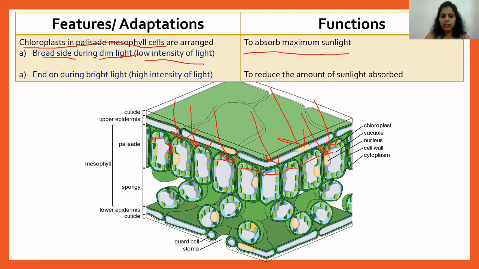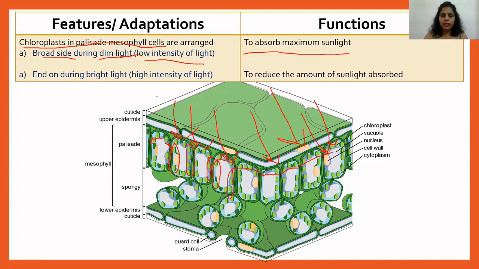End on means they move from the top part and arrange themselves in this particular area, along the length of the palisade mesophyll cell. So during low intensity of light, they arrange themselves along the width of the palisade mesophyll cells, and during high intensity of light, they arrange themselves along the length of the palisade mesophyll cells.